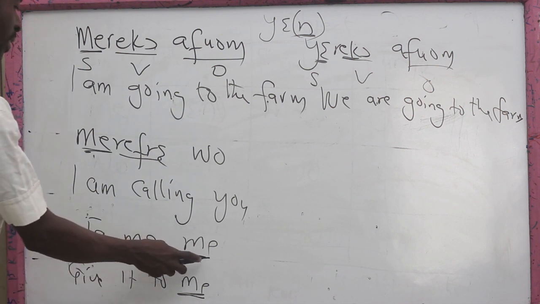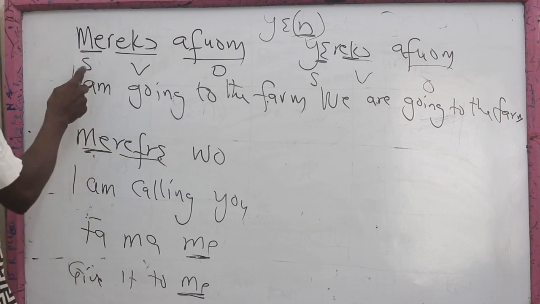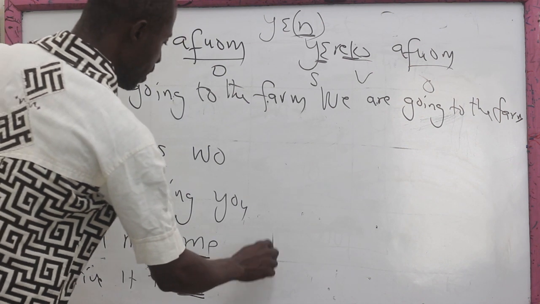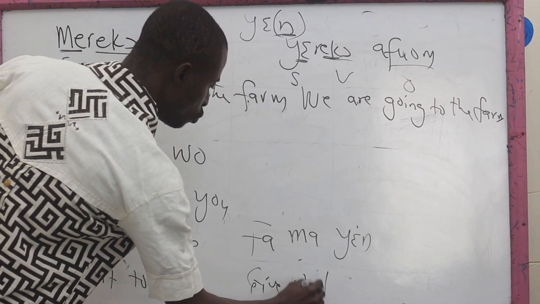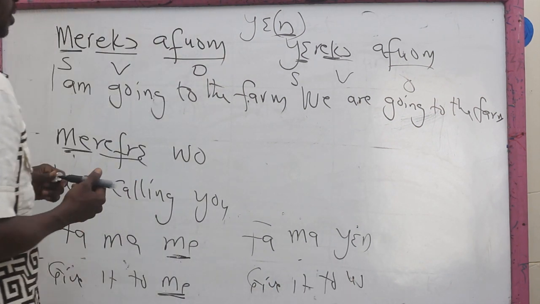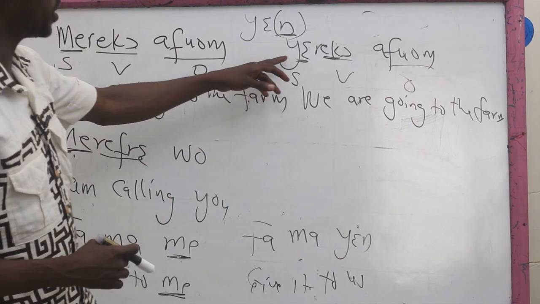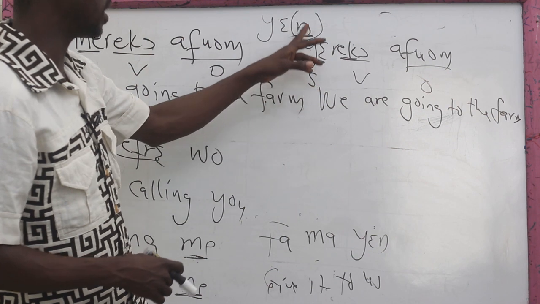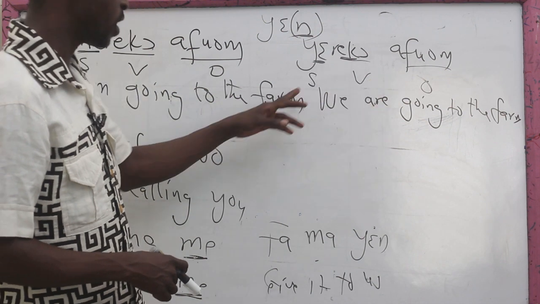So this me in the object case is me, but in the subject case it is I. Note that. Fa mame. And with the plural I can say fa mayen. Give it to us. With the first example, yereko, as in the subject case, yereko is yen reko. Then we've elided the n because it's happening at the subject position. Yereko efuom.